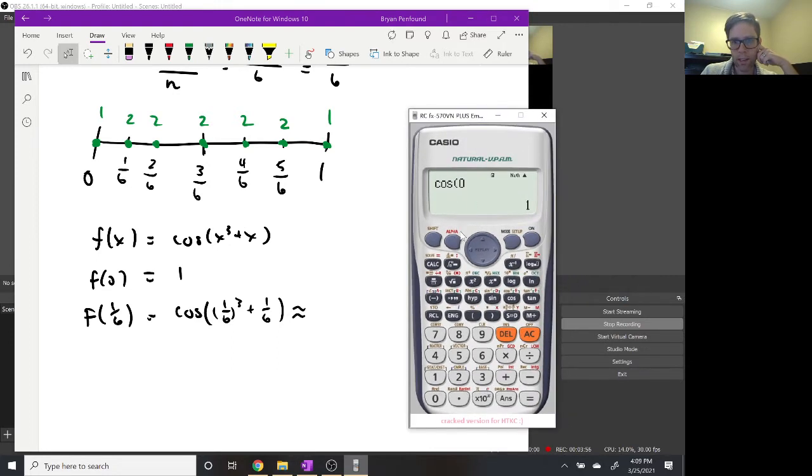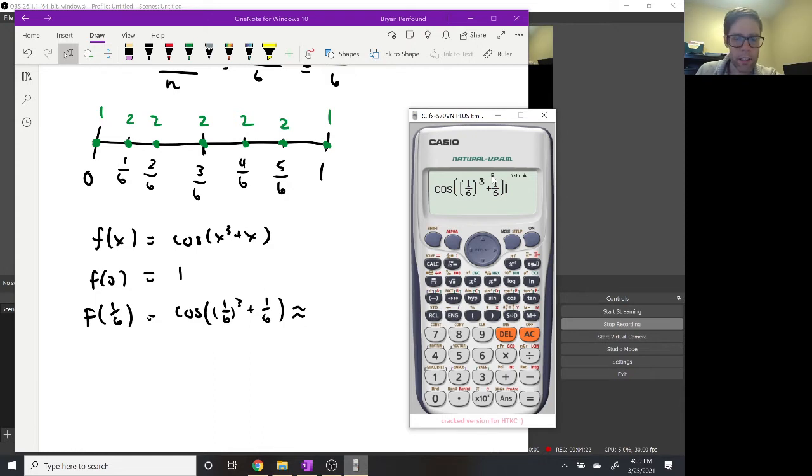So let's throw the cosine back in. Let's put a set of brackets with our fraction inside, and we'll raise that to the power of 3. So there's 1/6 cubed, and then we want to add another 1/6 to that on the inside, and close up that bracket.